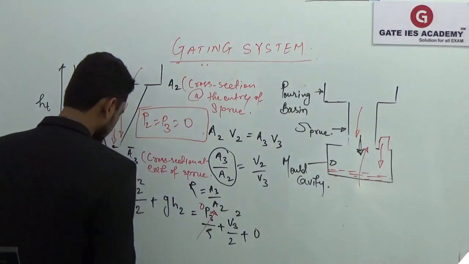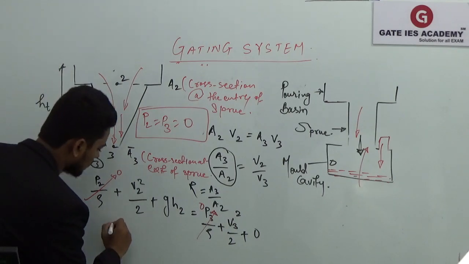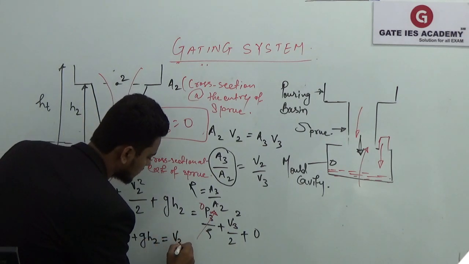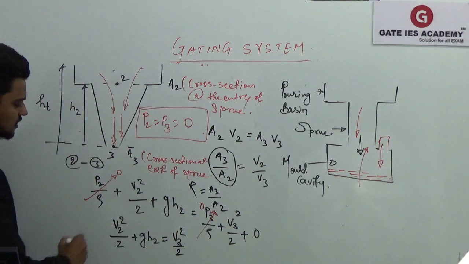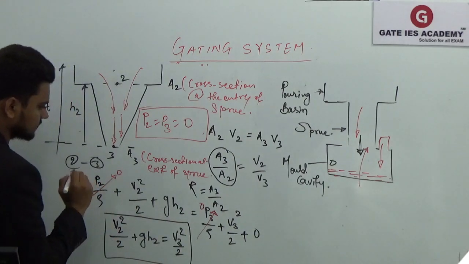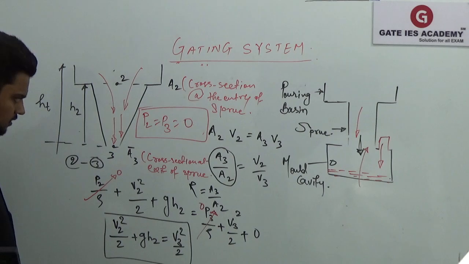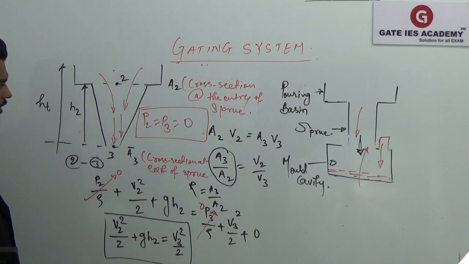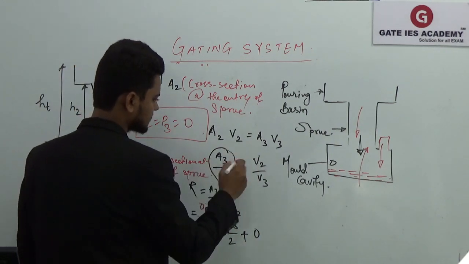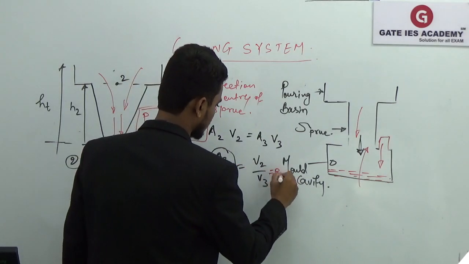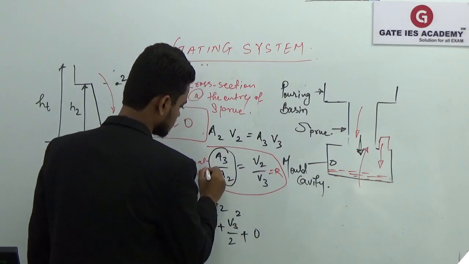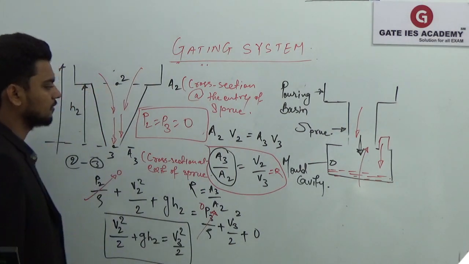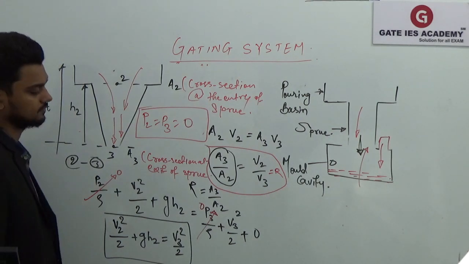So V2 square upon 2 plus GH2 equals V3 square upon 2. This is the equation that we are getting, equation number 1. Now V2 by V3 equals R, this is equation number 2.